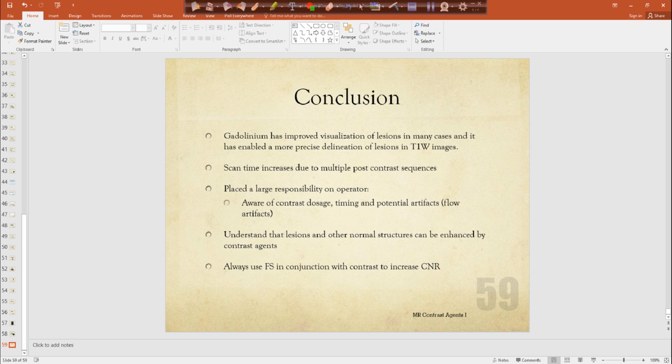That's a good quick conversion, but you need to know the registry conversion. It's 0.1 millimoles per kilogram. And that usually equates to 1 cc per 10 pounds.